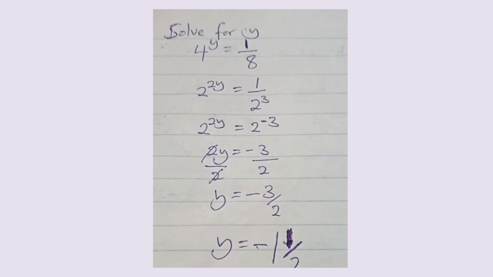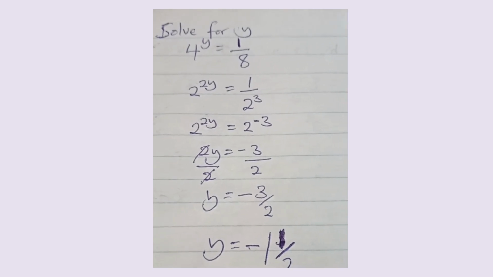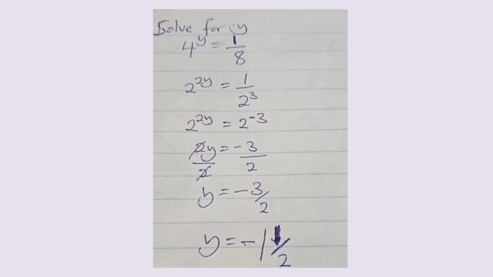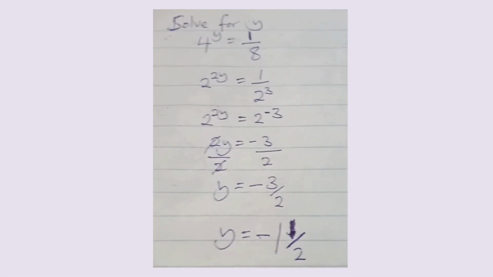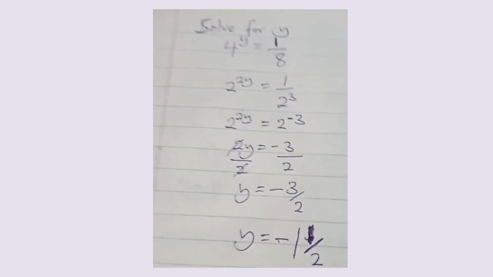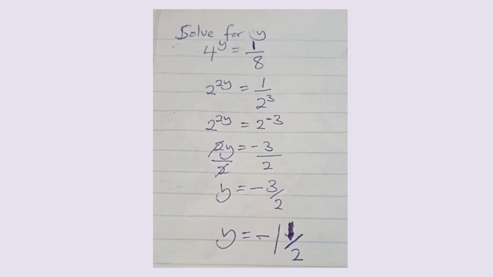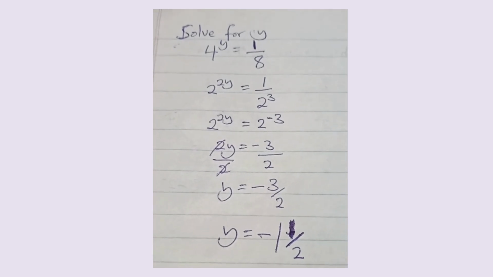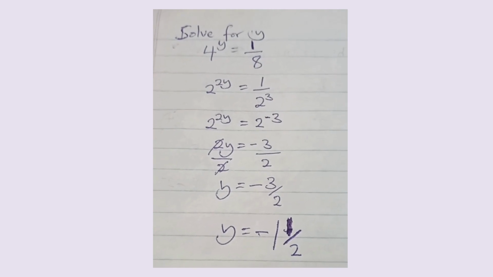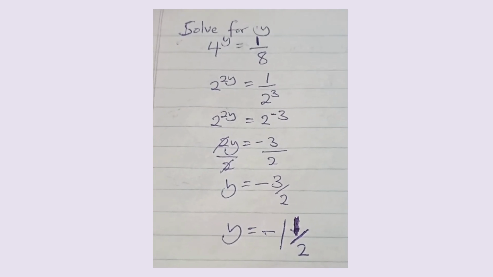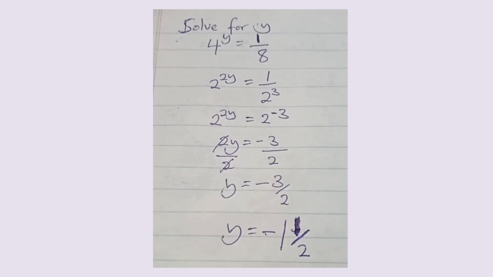Now, for you to get the prime product for the 4, you need to get prime numbers that will multiply together to give you such a value. When you look at this, we can get 2 times 2, which will give us 4. Now, 2 is a prime number, and the other 2 is also a prime number.